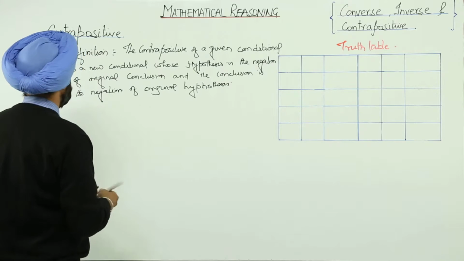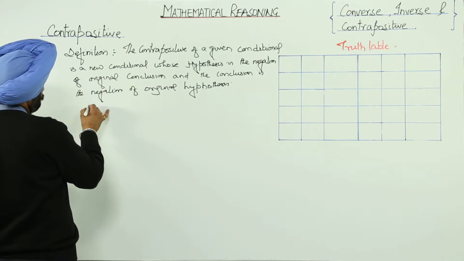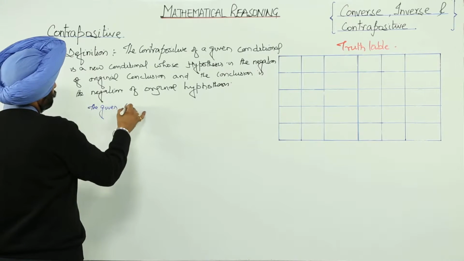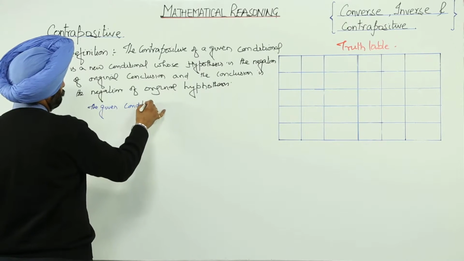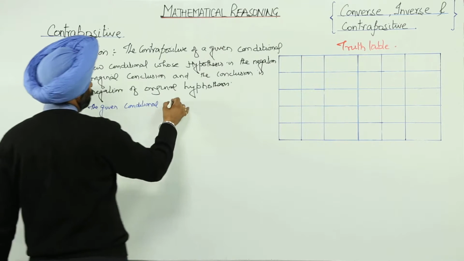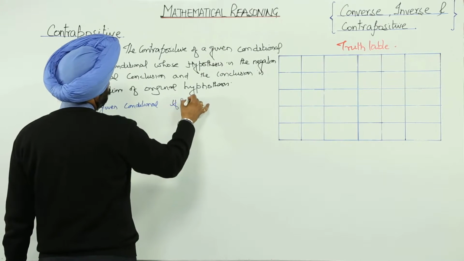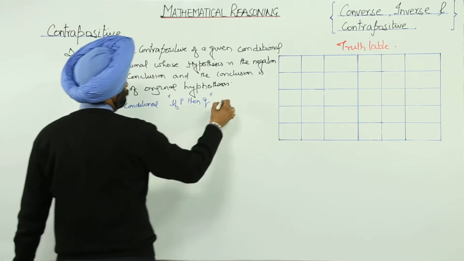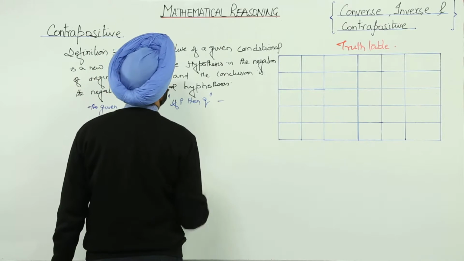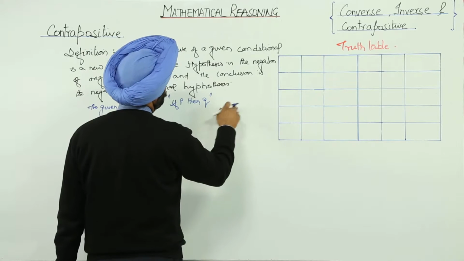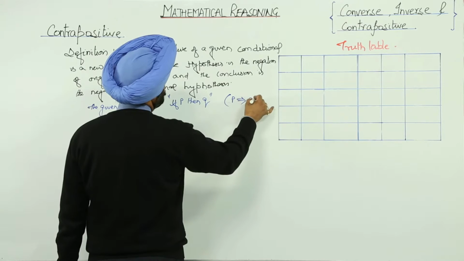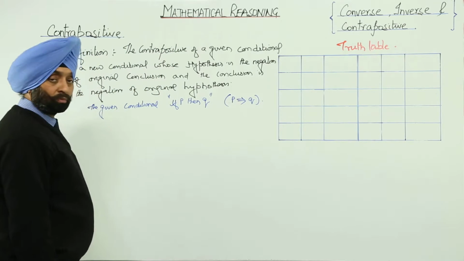Now the given conditional, if P then Q. Now what we can write this one? P implies Q. Okay.